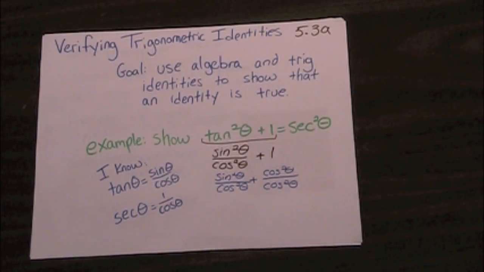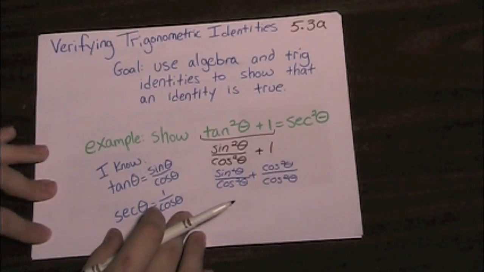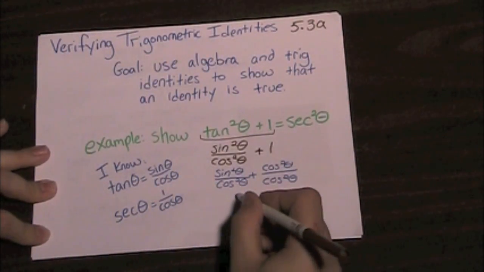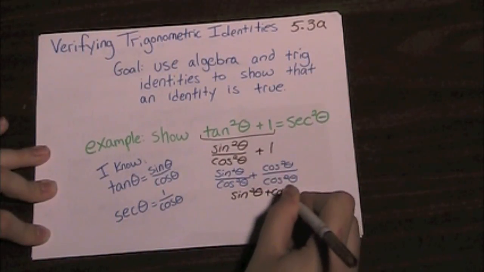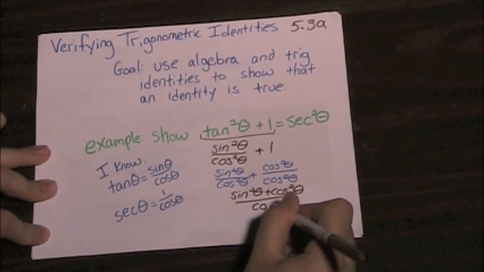The reason I needed that cosine squared theta over cosine squared theta is I'm trying to add these two things together to make one term, and the only way that I know how to do that is by making common denominators. In this case, my cosine squared of theta. When I add these two fractions together, I get sine squared of theta plus cosine squared of theta all over cosine squared of theta.